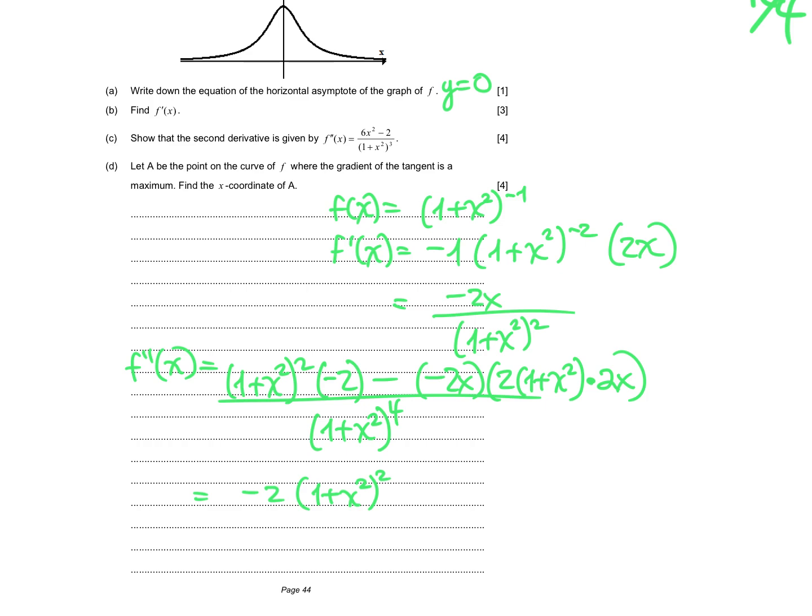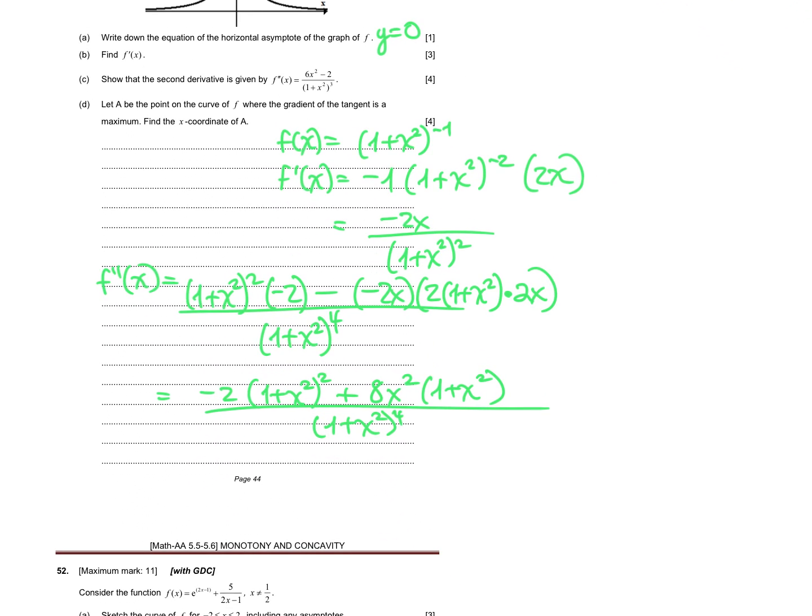And then this is going to be plus, and we've got 2, 4, 8x squared times 1 plus x squared, and then all over 1 plus x squared to the 4th.